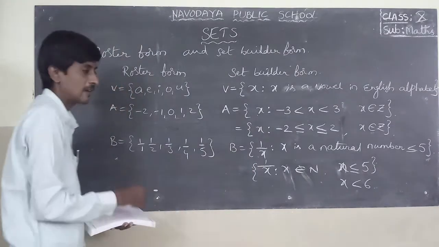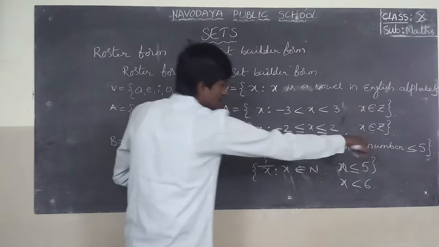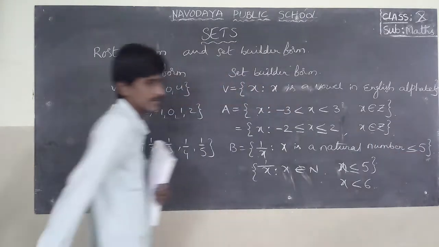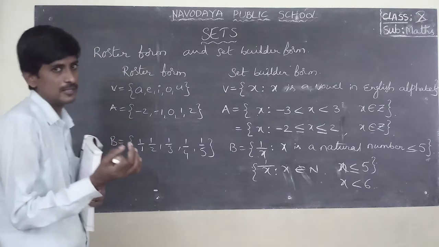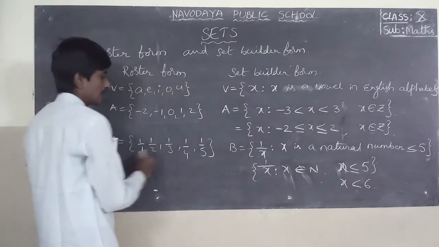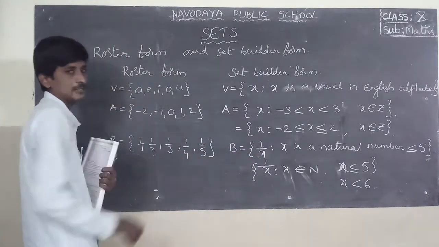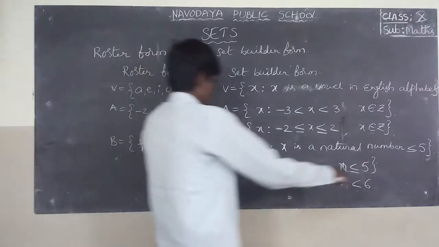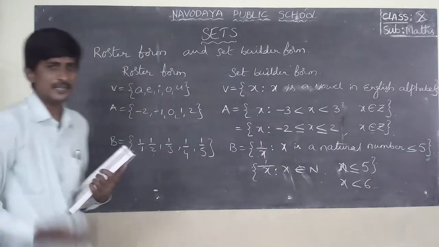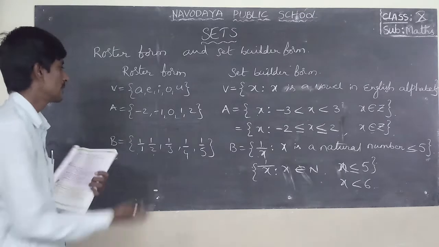If you substitute x with the natural numbers less than or equal to 5, what are they? 1, 2, 3, 4, 5. If you substitute 1, you get the first one. If you substitute 2, the second one. Substitute 3, the third one, and so on. Less than 6 means below 6: 5, 4, 3, 2, 1.